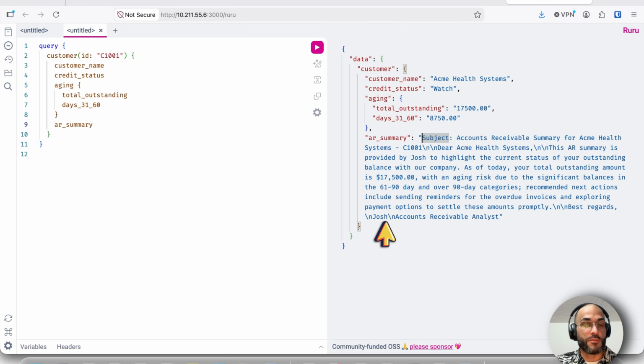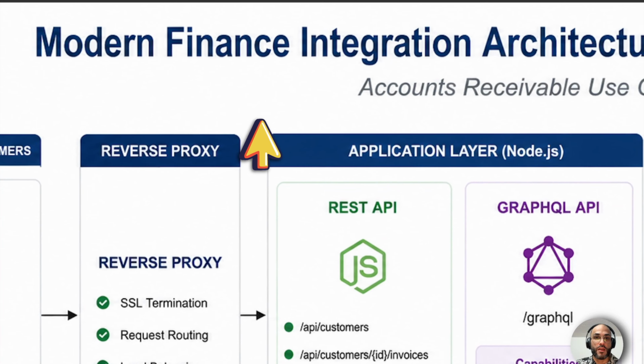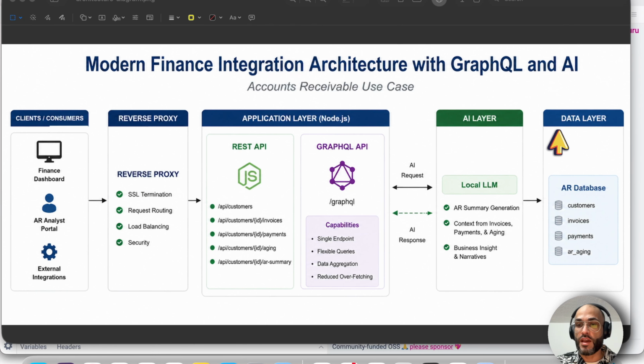That's as far as the application demo goes. Let's go real quick over the architecture of this. For the data layer, we have our regular database for accounts receivable with tables for customers, invoices, payments, and aging data. For the application layer, which is based on Node.js, we created both ways of accessing the data, one for the REST APIs and another for the GraphQL API.